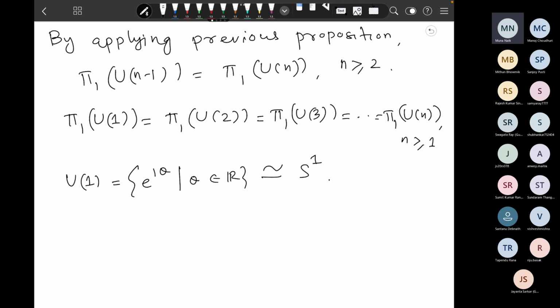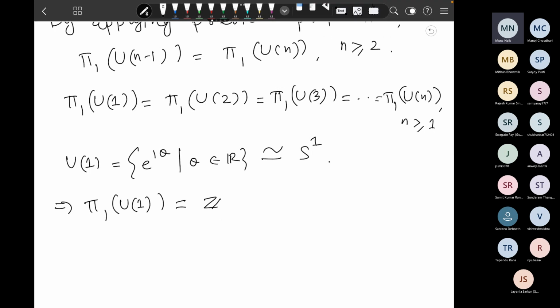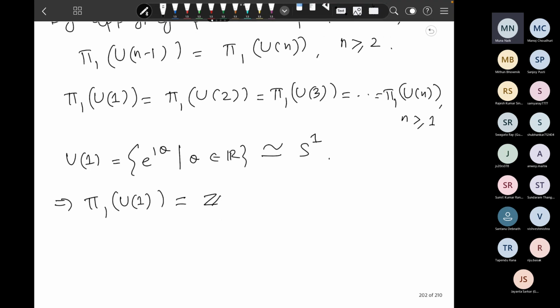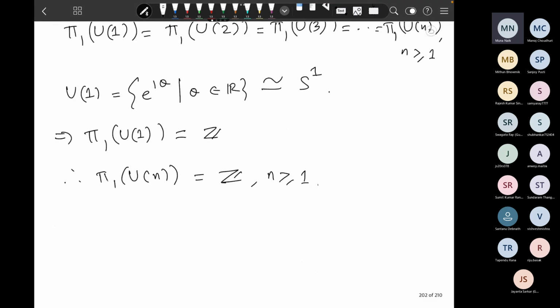So that means pi_1 of U(1) is equal to Z. Since pi_1 of U(1) is equal to pi_1 of U(2), equal to pi_1 of U(3), equal to pi_1 of U(n), thus I will get pi_1 of U(n) is equal to Z for n greater than or equal to 1.